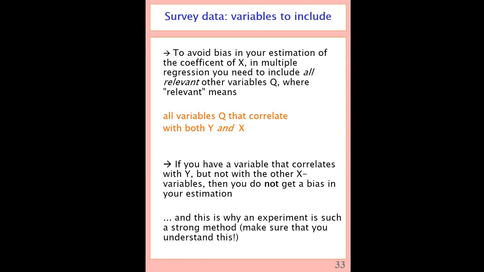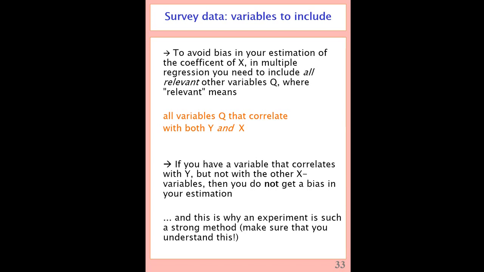So one thing to do would be, if you run a survey and you're very interested in the effect of x on y, you need to think about which other variables also predict y and which other variables also predict x, and the ones that do both you should include. This is also why surveys are typically long, because you have to think about a long list of other things that might also predict your target.